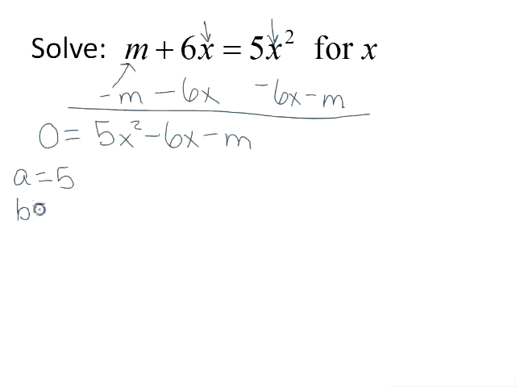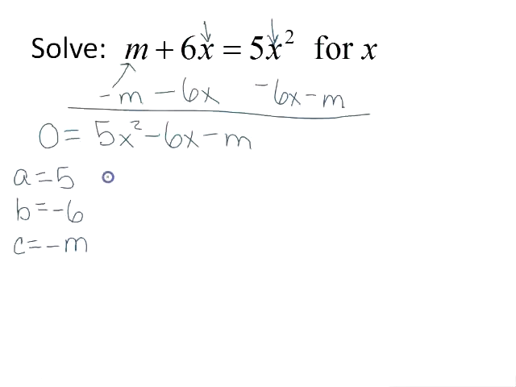So now a is 5, b is negative 6, and c is negative m. It's not just a constant, it actually is the variable that is included in that c.